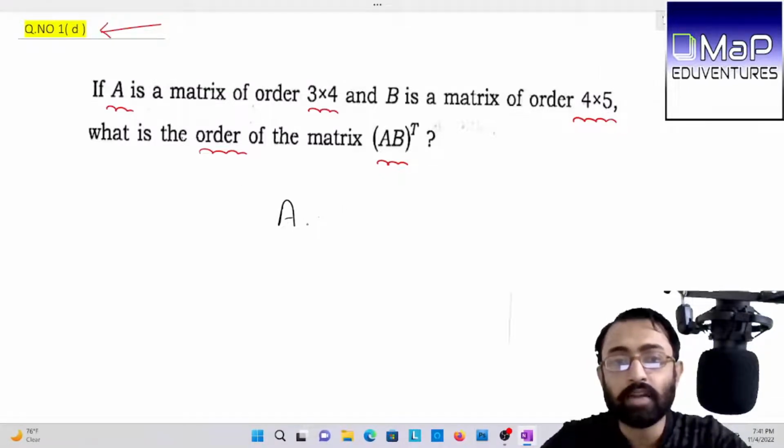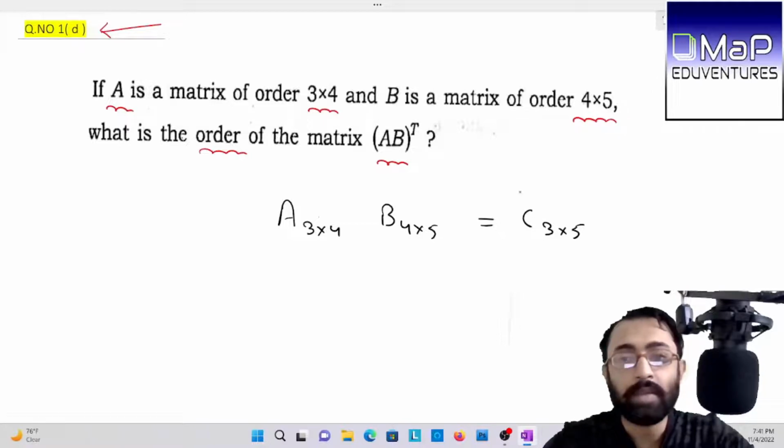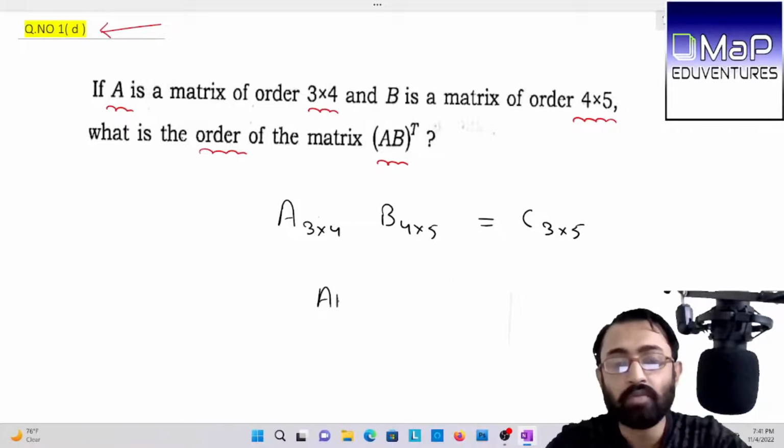So if A is a matrix of order 3 cross 4 and B is a matrix of order 4 cross 5, then what will be the order of the resultant matrix? Obviously 3 cross 5. That means after A into B, the order will be 3 cross 5.